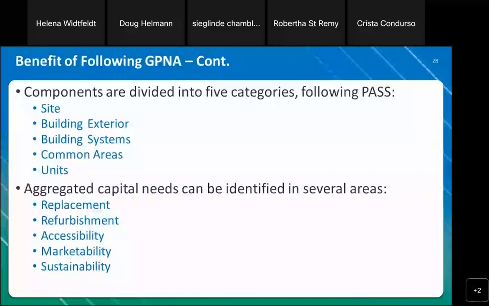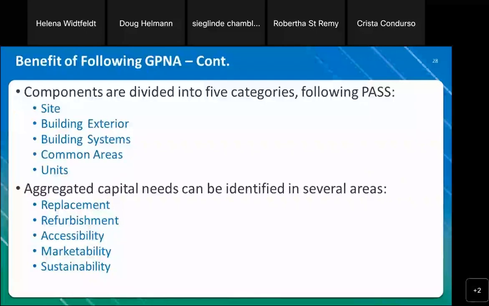The components, not a surprise for the PASS score, are 5 categories: your site, your building exterior, building systems, common areas, and units. You see this repeated in several sections where the green PNA follows the same sample.